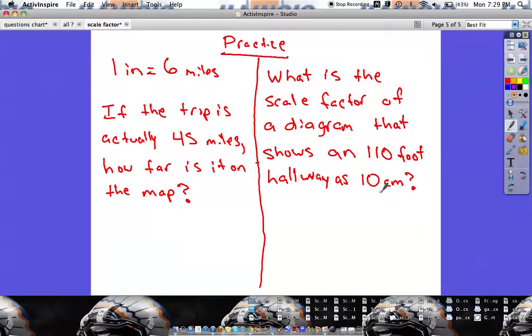Think about which one on a map would make the most sense to get down to 1. I would say it'd have to be centimeters. We would want it to say 1 centimeter on the map equals how many feet in real life. So think about that as you're doing these two problems. Solve this video and then come back to it and see how you did.